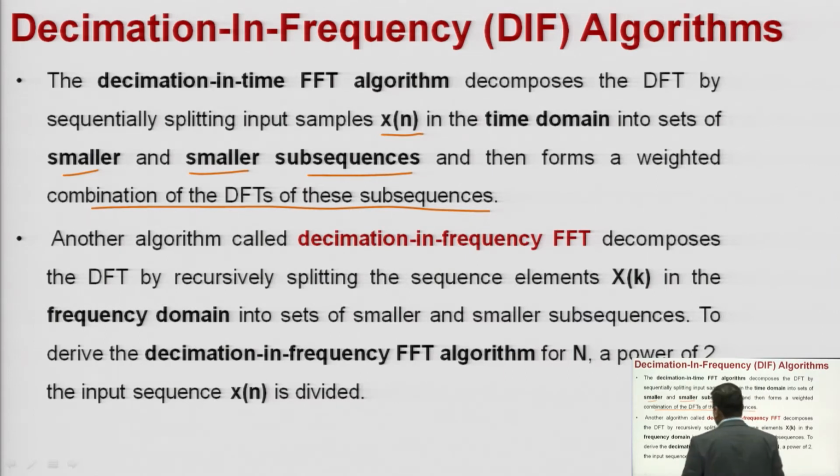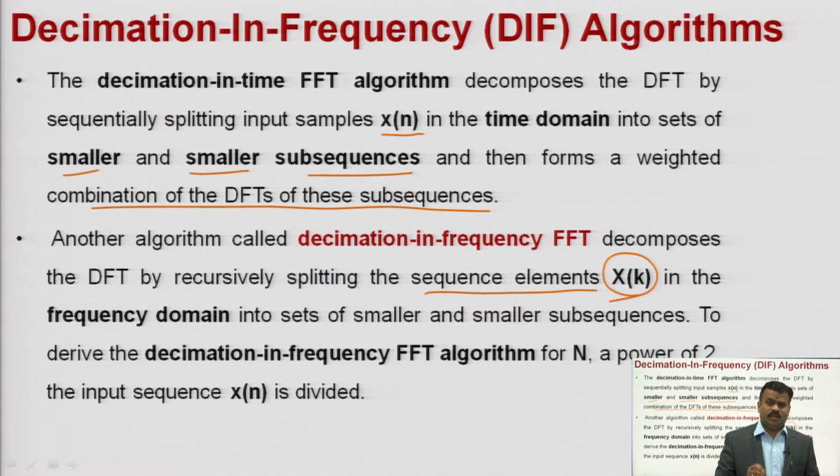It decomposes the DFT by recursively splitting the sequence element x of k. Again, you split your sequences like in DIT FFT, but here you split capital X of k. In DIT FFT you split small x of n; in DIF FFT you split capital X of k.